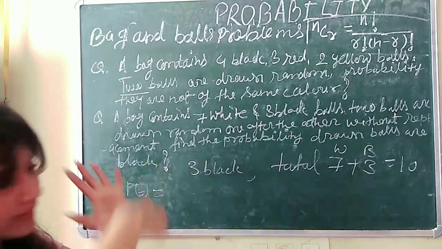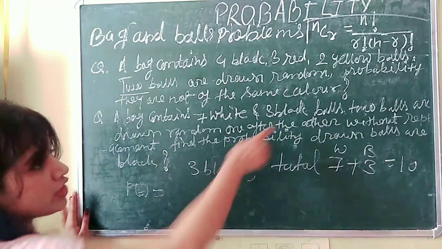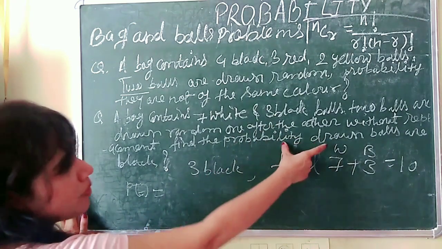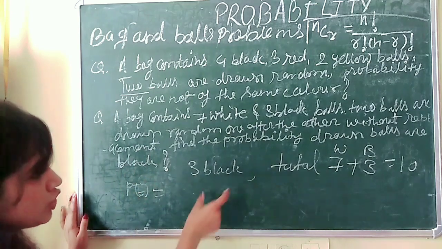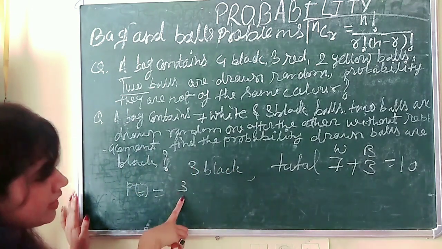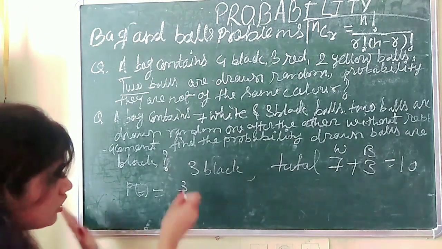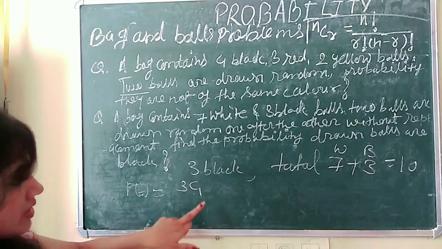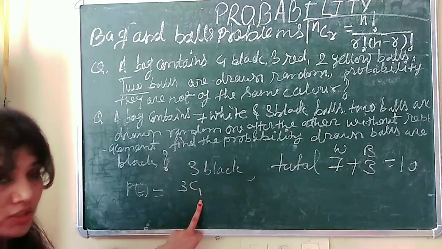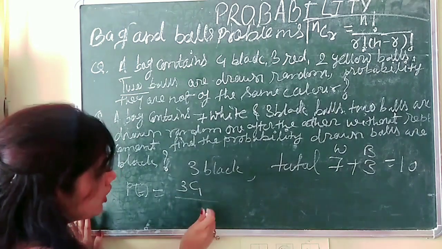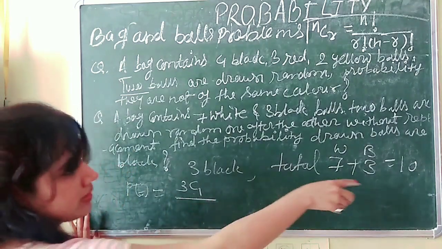So the first has already been drawn, so we will make the combination for the first. It is asking for the probability that the drawn balls are black, so we will make the combination from black balls. When the first ball is drawn, that is 3C1, because we are taking the first ball first. So that is 3C1 upon the total number of balls, 10.